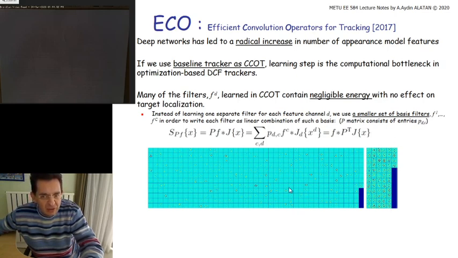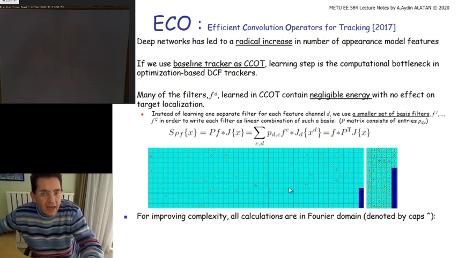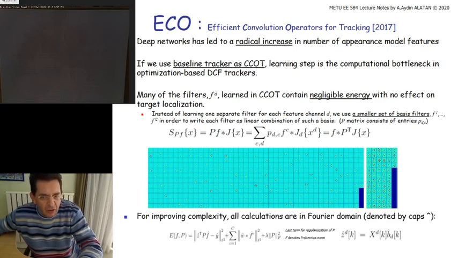Now, again, we will go to the continuous domain, okay? We are here in the continuous domain. Z is our input. F is the unknown filter. Z is obtained like this, J x here, okay? P is nothing but the unknown weights, which are combining the bases appropriately. Y is our Gaussian, which is the desired response. Again, from SRDCF and CCOT, this is the special regularization term.